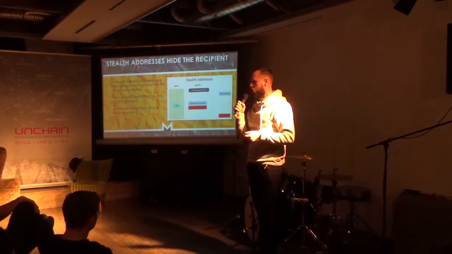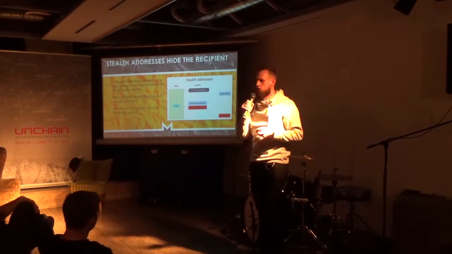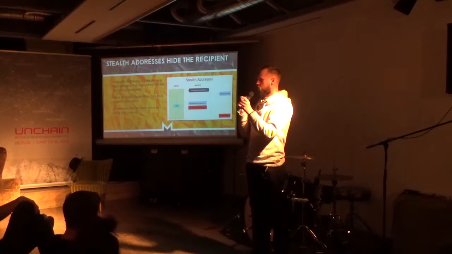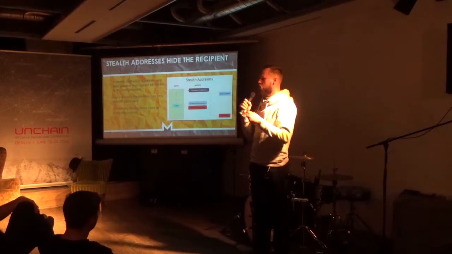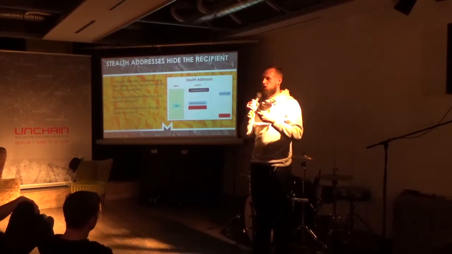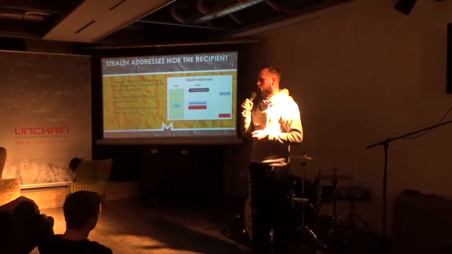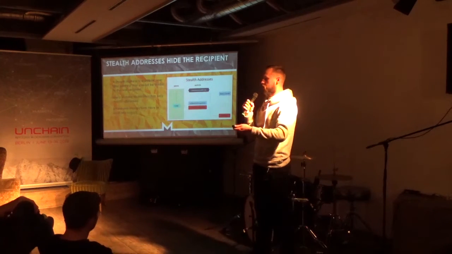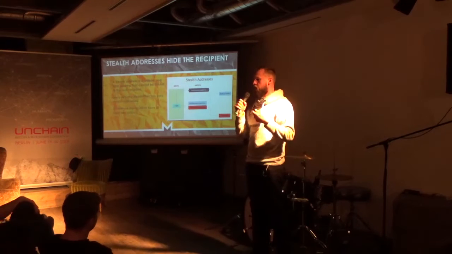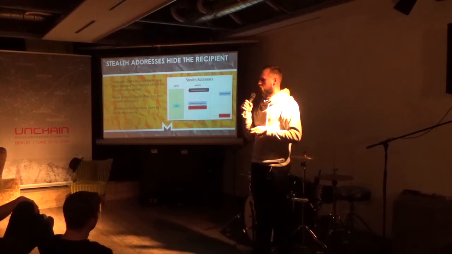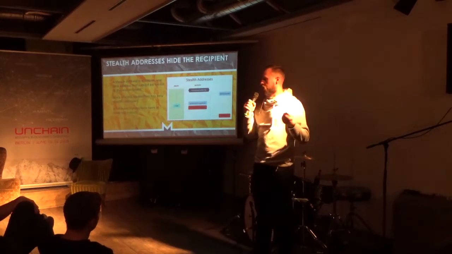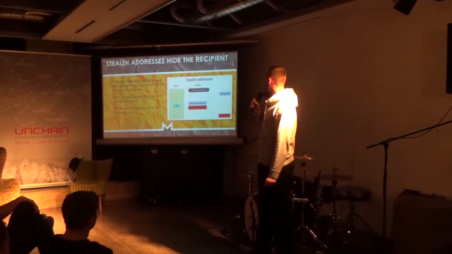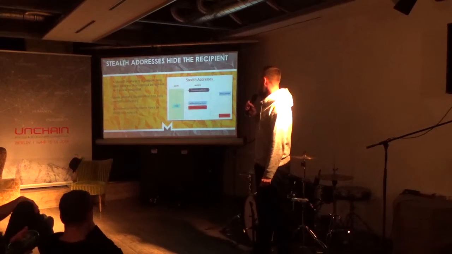Those don't touch the blockchain. Instead, what happens is when somebody sends you Monero, they take your receiving address and they generate a one-time stealth address that they then post on the blockchain. And this is awesome because nobody, by looking at the address, is able to tell who actually this address belongs to. So yeah, condensed, that's how the receiver gets hidden in Monero.